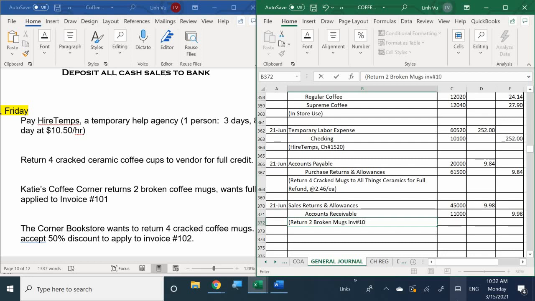Invoice 101 full refund. At 4.99 each. You can put that if you like. Okay. So what is next?